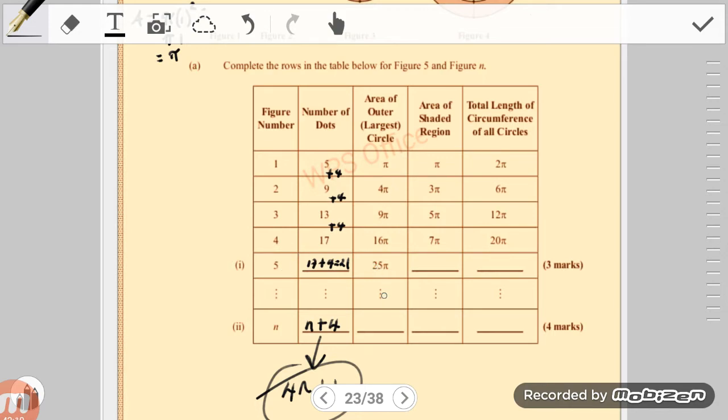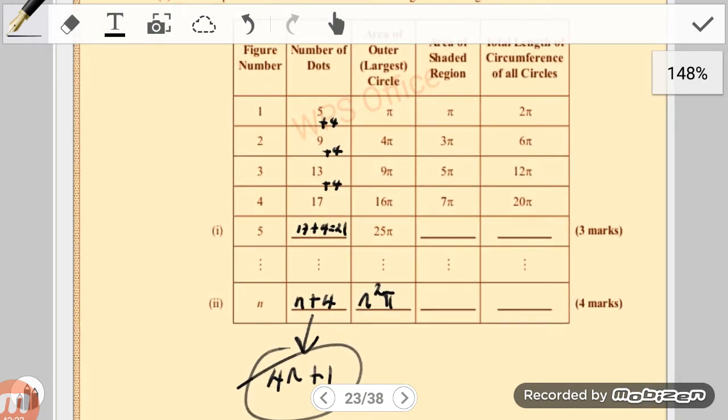So I'm going to square the figure and then multiply it by pi. That's the formula that will get me the area of any circle. So if n was 100, it would be 100 squared times pi, so that would be 10,000 pi.